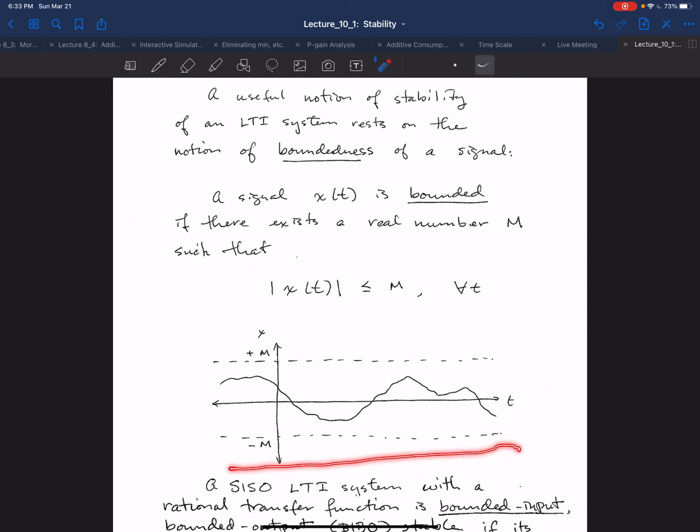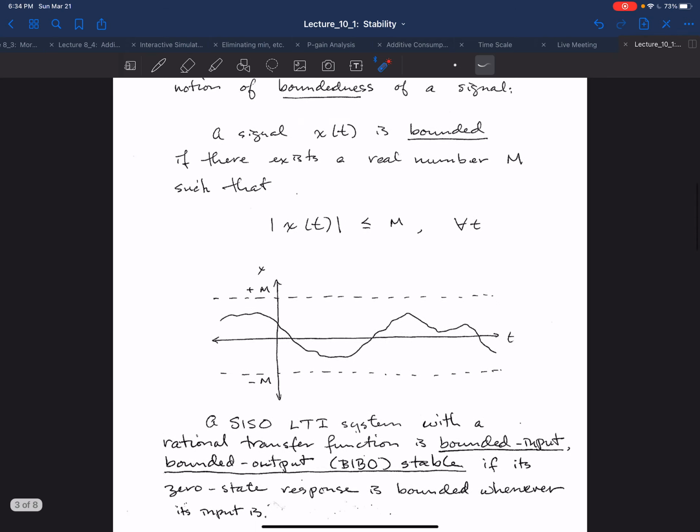Here we've got, say, a two-sided function x of t. Same definition applies, of course, to one-sided functions. And the definition simply means that the value of x of t, for the case of a real valued signal, lies between minus m and plus m all the time. So we say that such a signal is bounded. And of course this definition can be applied to complex valued signals as well. In that case, the role of the absolute value is played by the modulus, but it's the same idea.